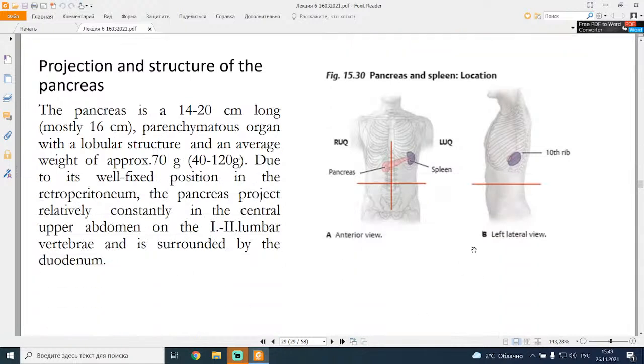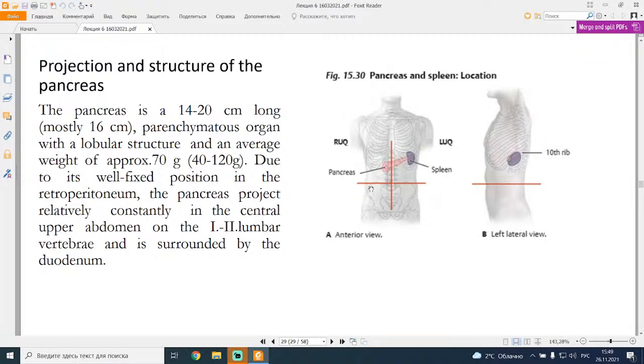Projection and structure of the pancreas. The pancreas is a 14-20 centimeter long, mostly 16 centimeter, parenchymatous organ with a lobular structure, with an average weight of approximately 70 grams.